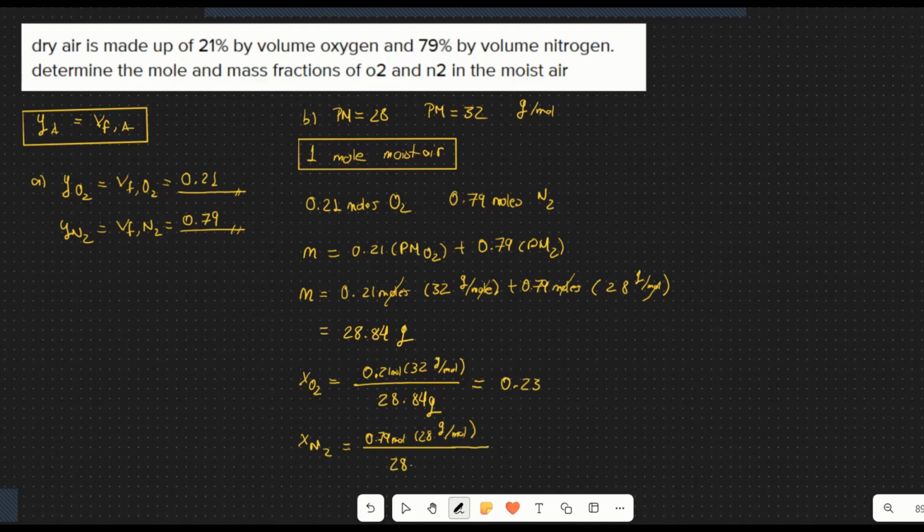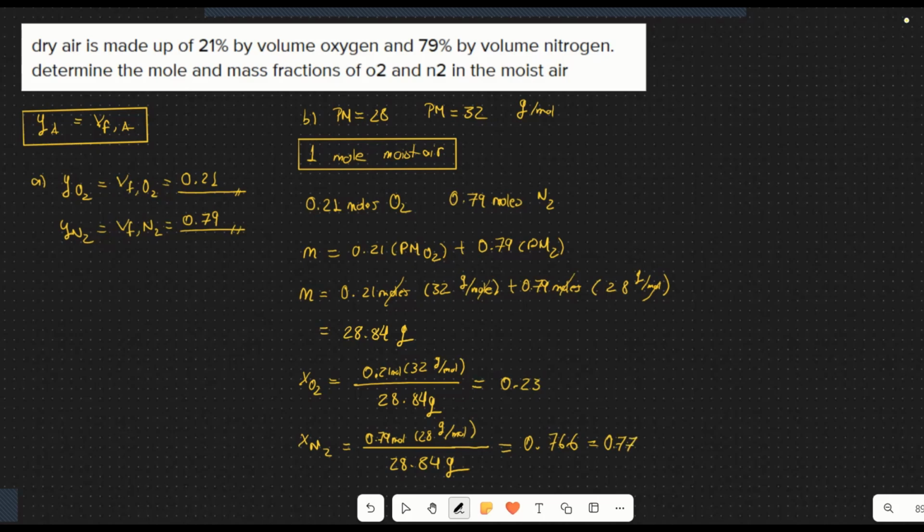And the mass of moist air, which is... it's pretty much 0.77 if we round up. But let's just perform the calculation. Yeah, it's 0.766, which is pretty much 0.77.